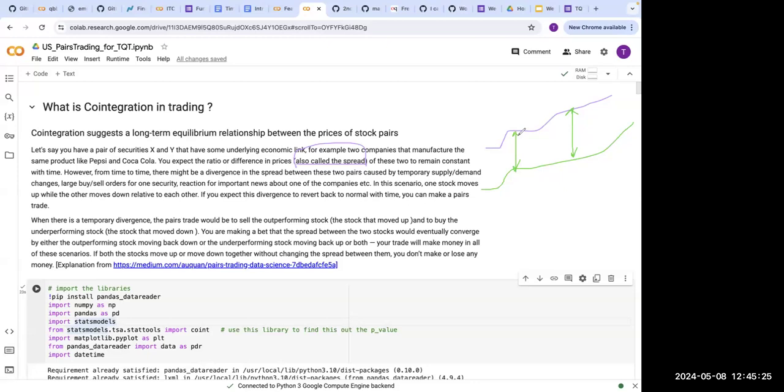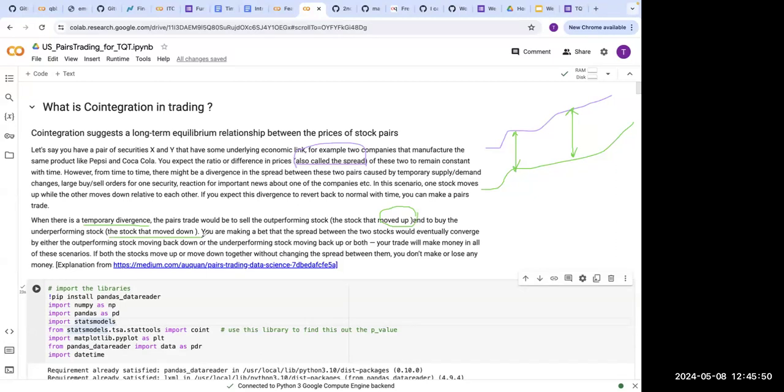around their products, right? So the key idea here is that whenever there is a temporary divergence, the pair trade would be to sell the outperforming stock. So the stock that has moved up more than it should, you should sell that and buy the underperforming stock, the one that moved down.